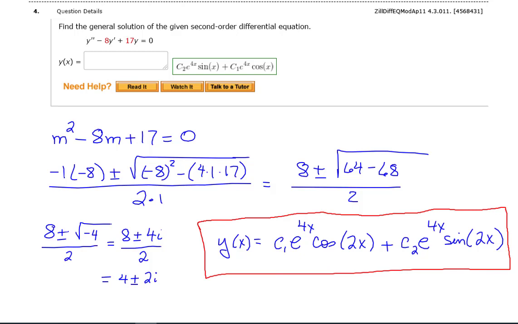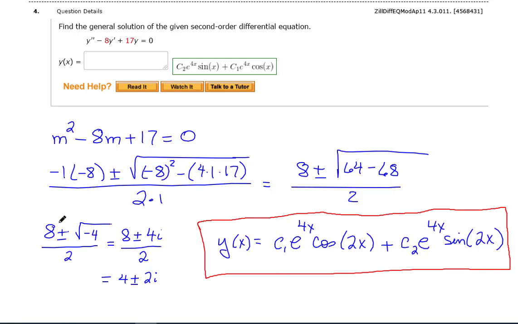All right, in question 4, I form my quadratic equation m squared minus 8m plus 17 is 0. This is not factorable, so I use the quadratic formula, minus b plus or minus the square root of b squared minus 4ac.